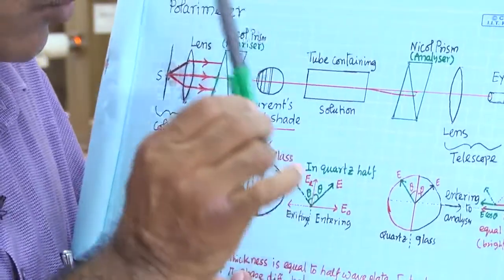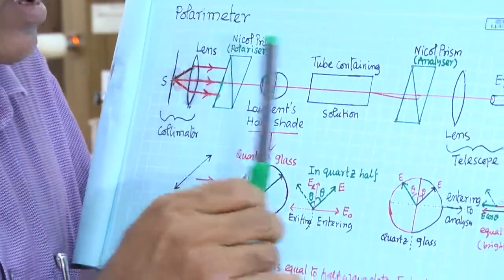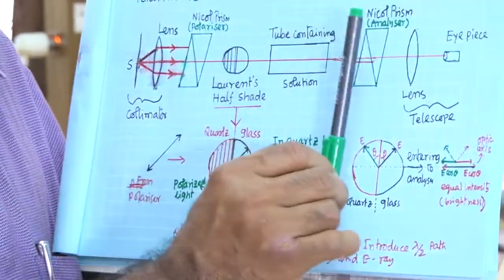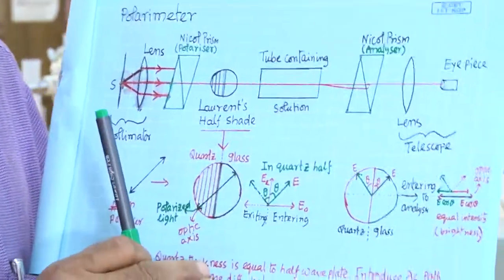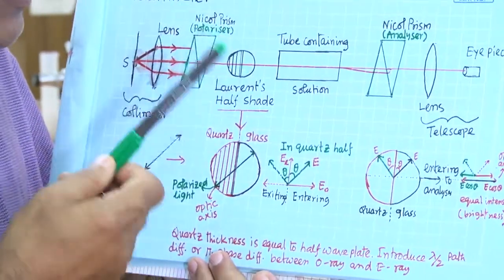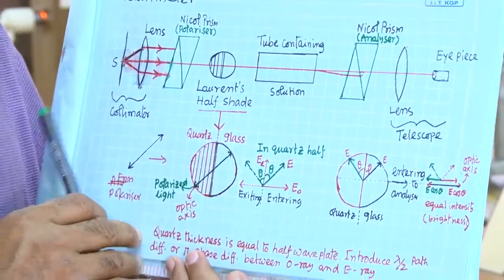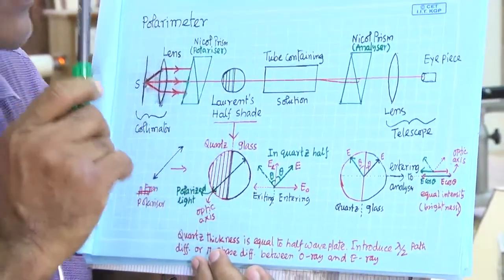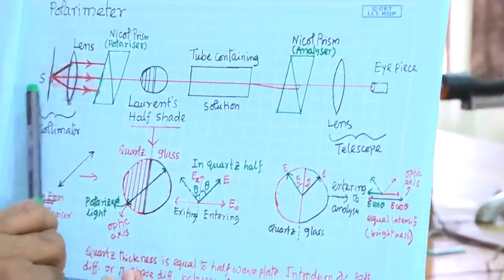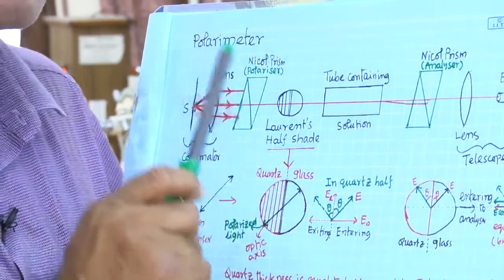Now the question is, using only this polarizer and analyzer we could do the experiment, so why do we need this Lorentz half shade? The Lorentz half shade makes the detection more sensitive.